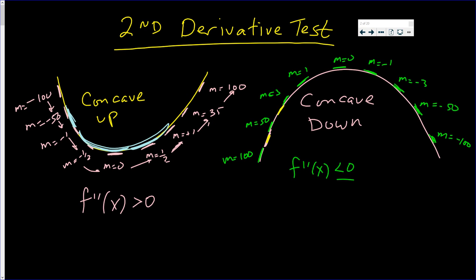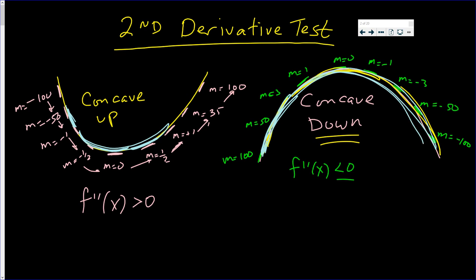This piece, this bigger piece, this whole thing, I meant concave down. Any portion of this, a little portion, a big portion, it doesn't matter, any portion of this is concave down.